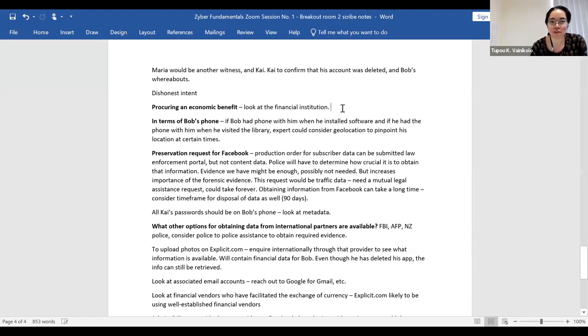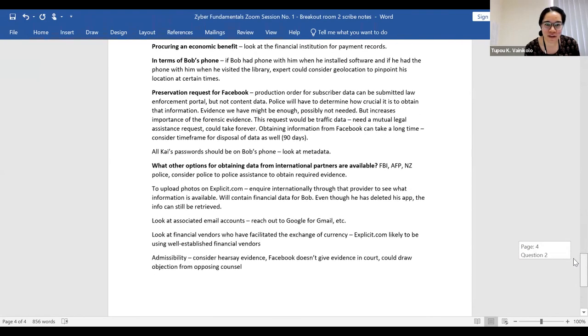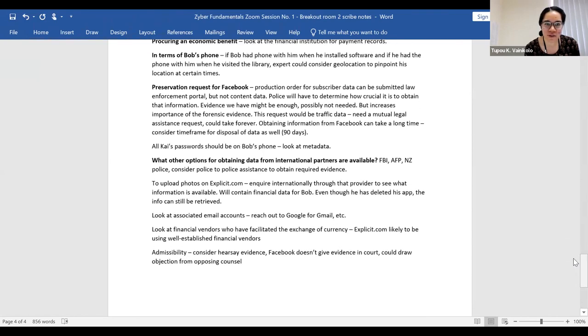So again, we'd be looking at financial institutions. Police would have to make further inquiries to establish which financial institution Bob was receiving money into from explicit.com. Yes, we also had another point there about Bob's phone.